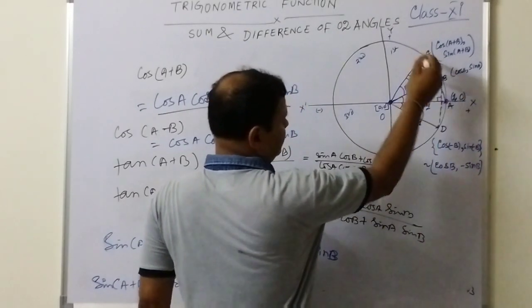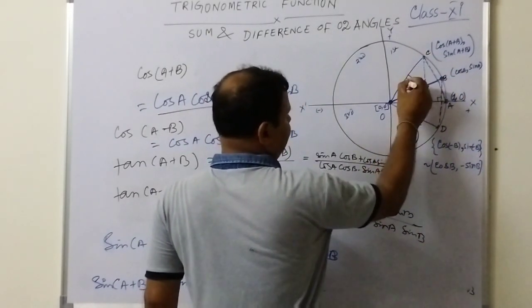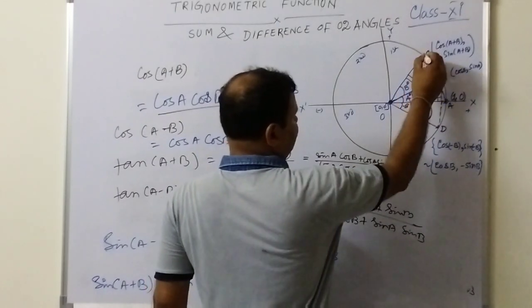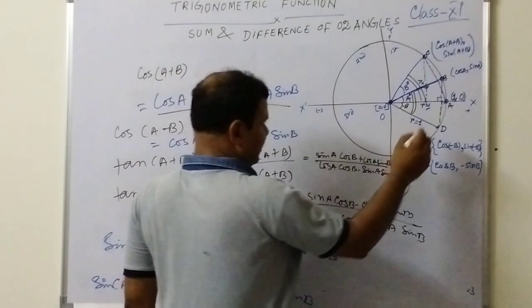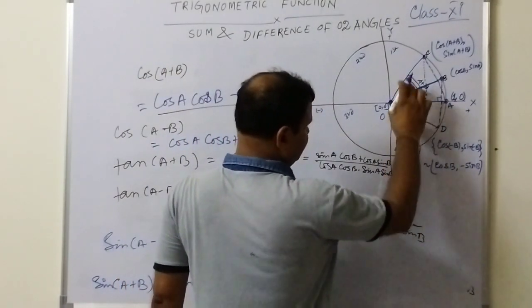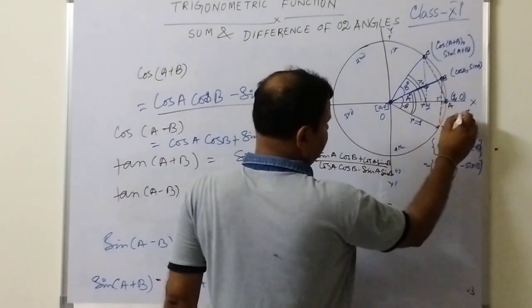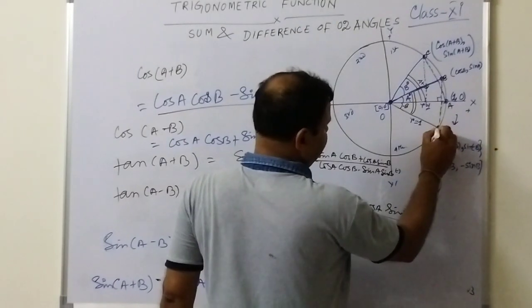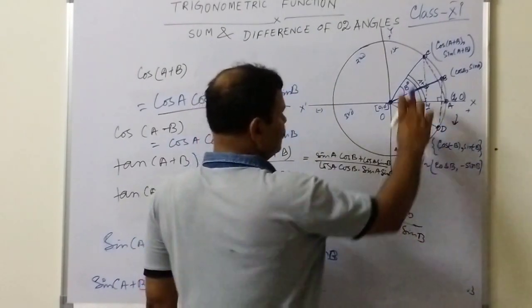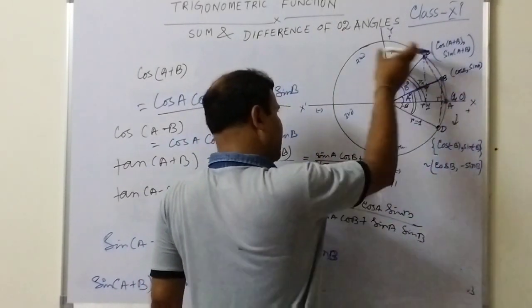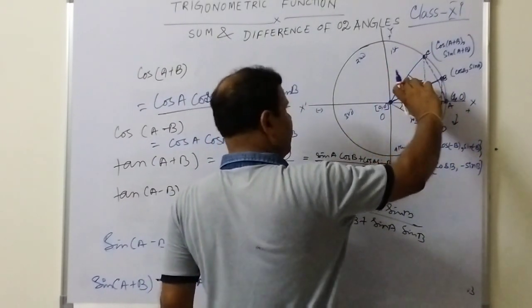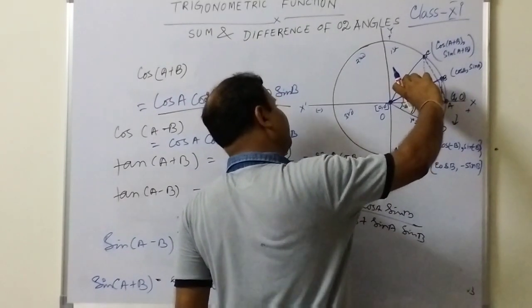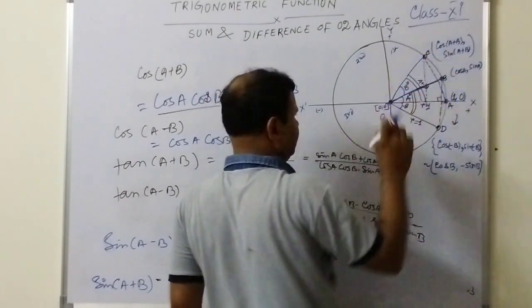Then again it moves a further angle B and reaches point C. We intentionally draw the same angle B in a negative direction to a point D. So in both cases, whether it moves in the positive or the negative direction, the total angle is A plus B towards the center.